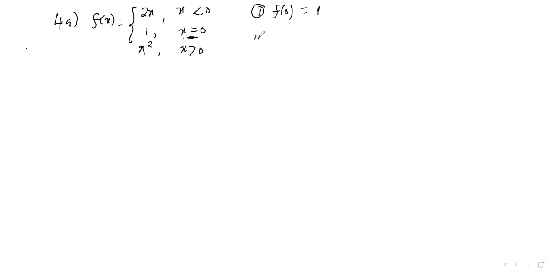Okay. Then part 2, we find the limit as x approaches 0 from left of the function. If you find the limit as x approaches 0 from left of f of x, we use the function that comes with less. So as x approaches 0 from left, we'll use the function 2x, because it's the one that has x less than 0.